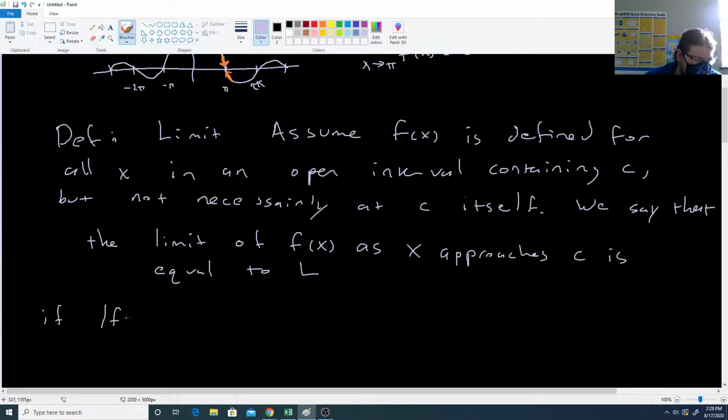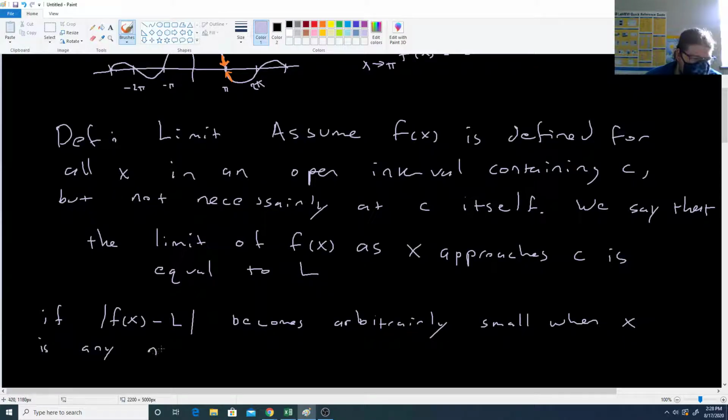If the absolute value of f of x minus L, this would be the distance between the function value and the limit, becomes arbitrarily small when x is any number sufficiently close but not equal to c.